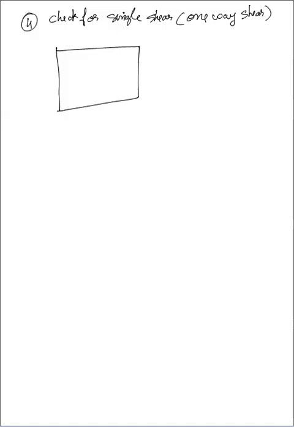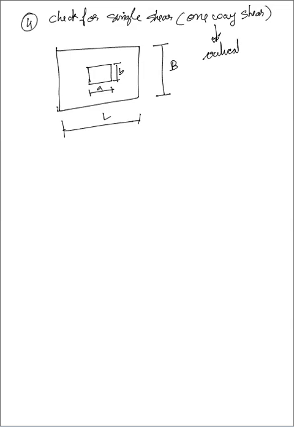This is my L, this is my width B, and this is the dimension of the column, that is a and b. Now for checking single shear, one way shear, again we have to take the critical section.